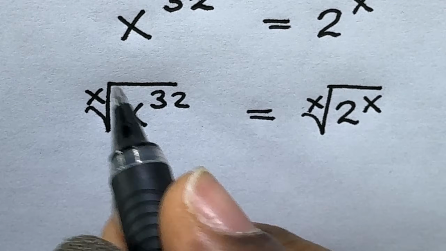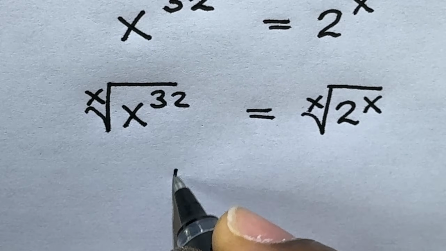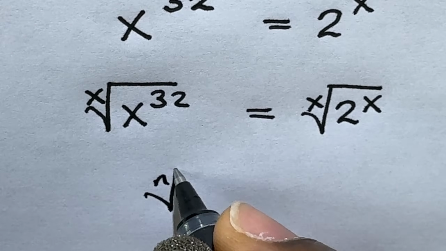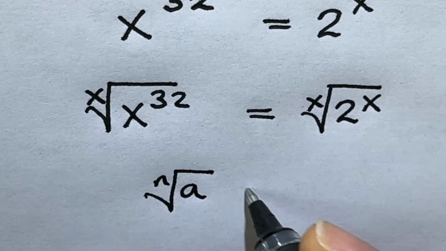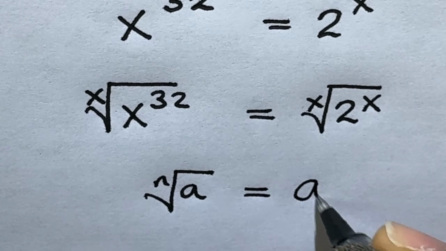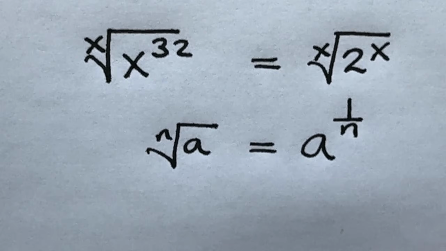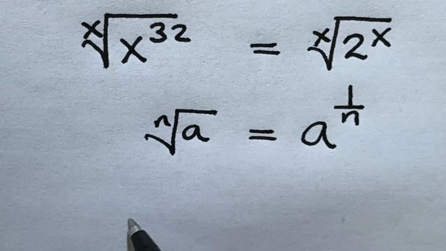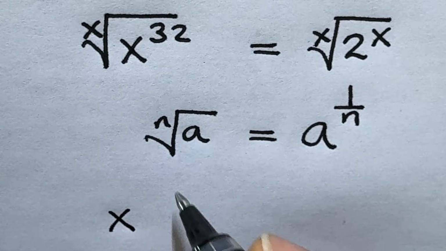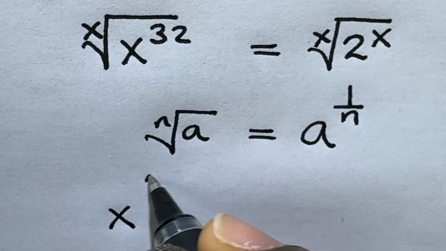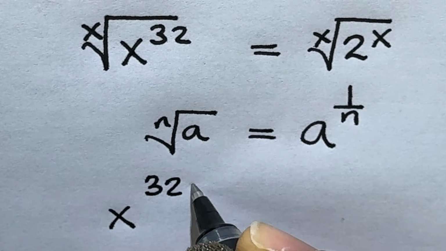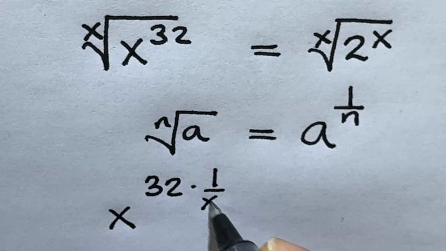Now, when you have the nth root of a, by law of indices, this simply means a raised to power 1 over n. So this simply means x raised to power 32 times 1 over x.